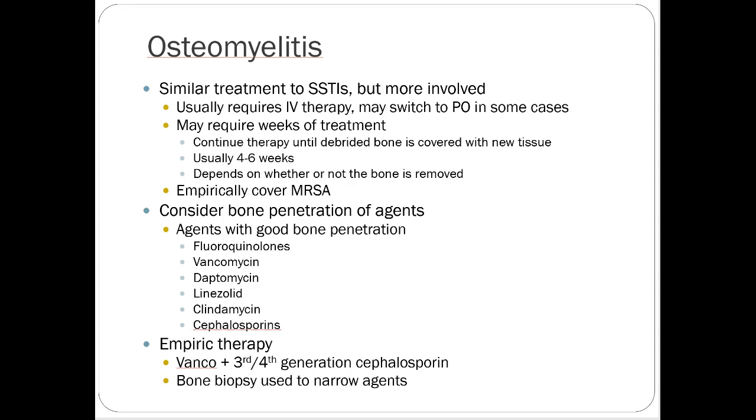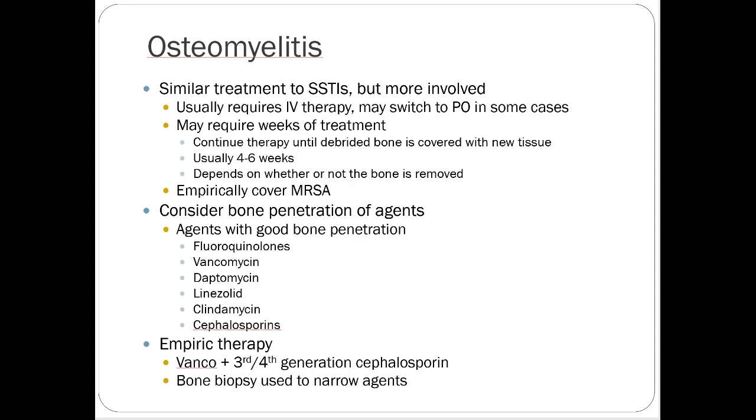And then bone penetration, again, usually I'm thinking these agents are pretty good for penetrating to the bone tissue. So we have a lot of options: fluoroquinolones, clindamycin, cephalosporins, your MRSA agents, potentially vanco, with daptomycin and linezolid being your 2 alternatives that you could consider.